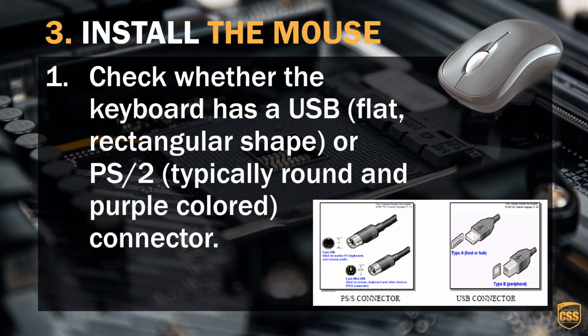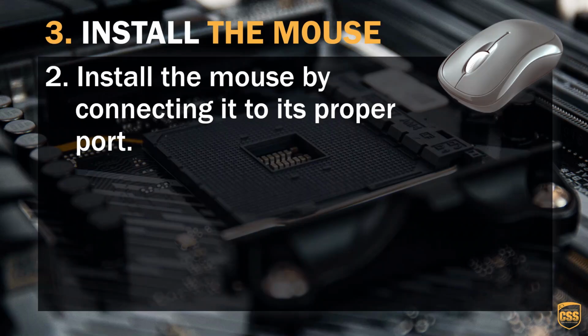Now, for the third step, installing the mouse. In installing the mouse, it's similar to installing the keyboard. First thing that you need to do is to check whether it has a USB connector or PS2. If it is PS2, you need to connect it to the PS2 port.